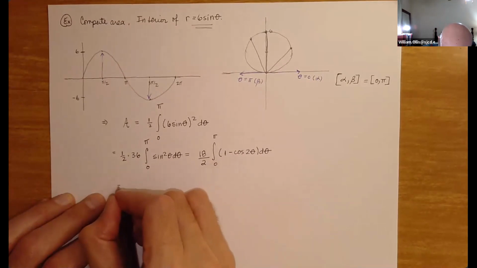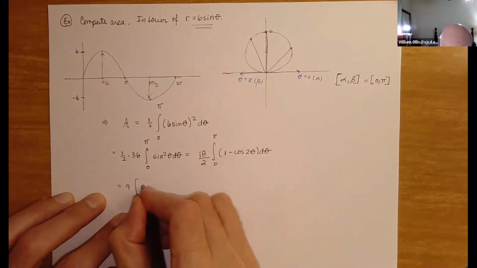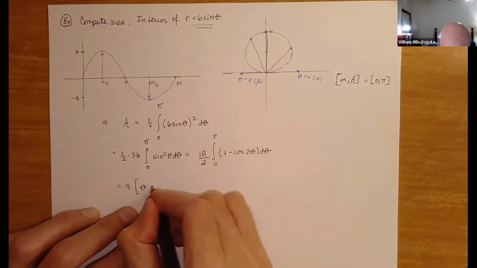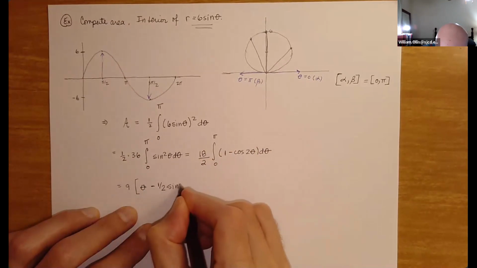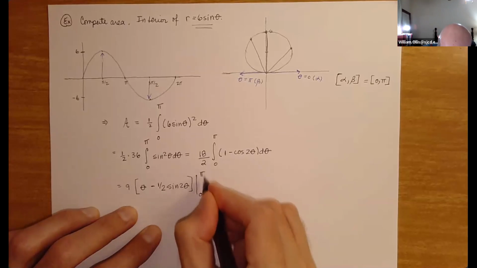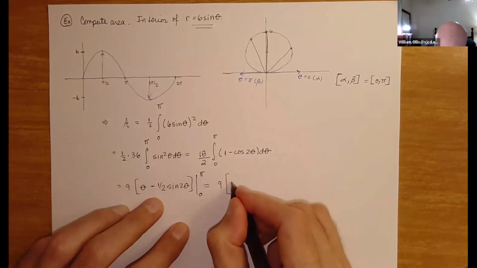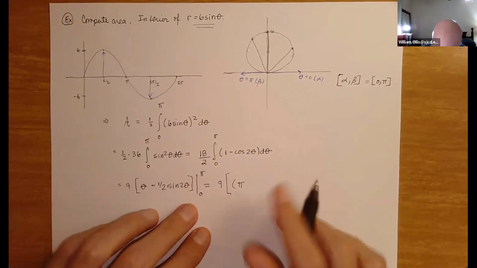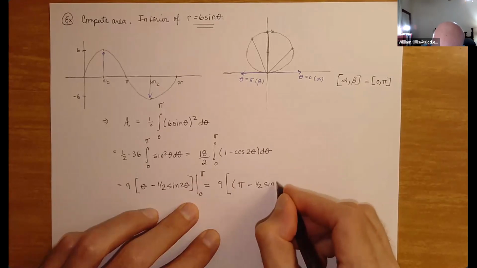So now this gives us 9, and we can integrate. So of course we'll get a theta, and the antiderivative of cosine is the positive sine. So this gives us minus 1/2 sine 2 theta, 0 to pi. So this will give us 9. So we have what? We have a theta, which is replaced by pi, minus 1/2 sine 2 pi.